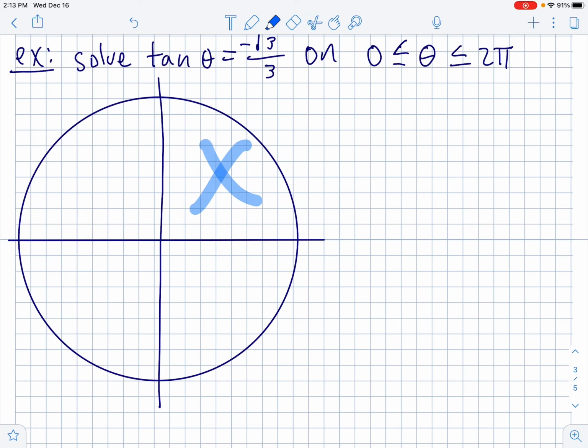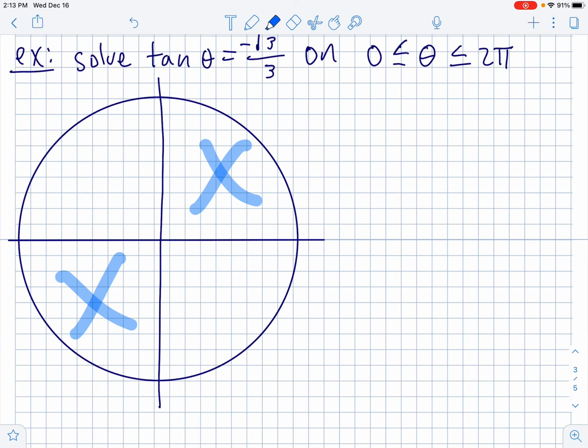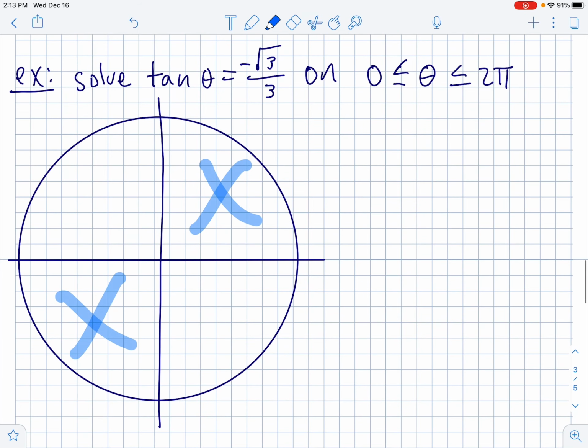So both of those quadrants are out. Not here, not here. Negative slopes are going to happen in this quadrant and in this quadrant. Now, the fact that it involves a root 3 over 3, like there's a root 3 in it, makes me think that it involves a 30, 60, 90, not a 45, 45, 90.